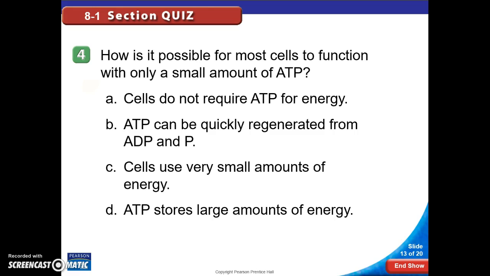The only good answer here is B. ATP can be quickly regenerated. That word means that we recycle basically an ADP with a phosphate. It's called an inorganic phosphate that gets added to make new ATP.